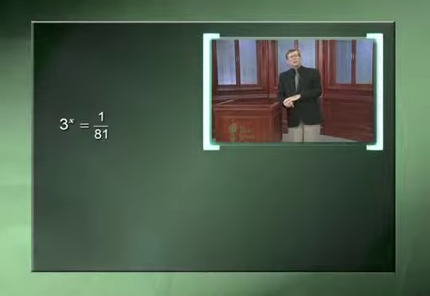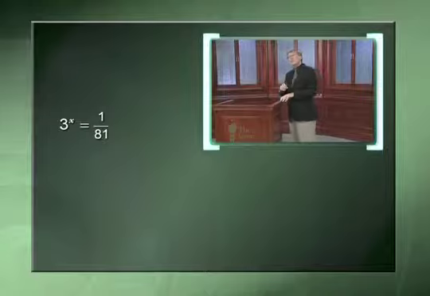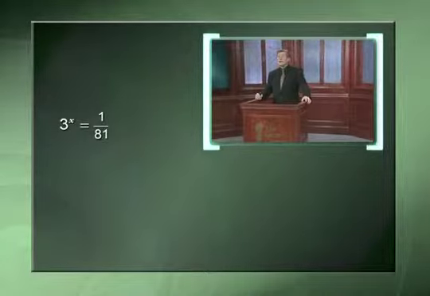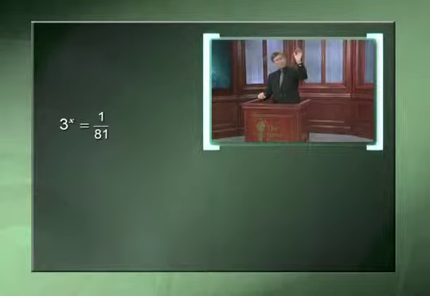Let's do some equations now involving our logarithms and exponential functions to different bases, just to practice some of the manipulation skills. Suppose you had an equation 3 to the x power equals 1 over 81. What's x? Can you find x? Well, it's up there in the exponent.